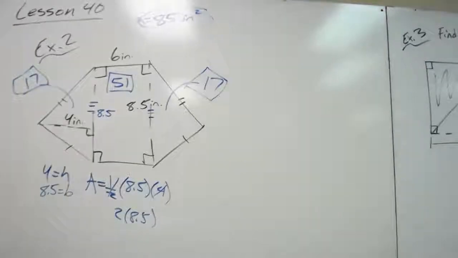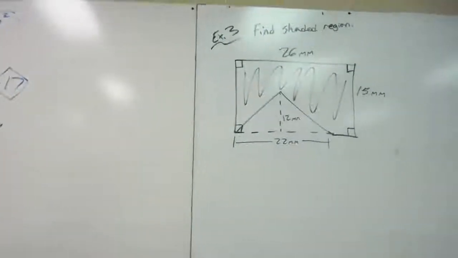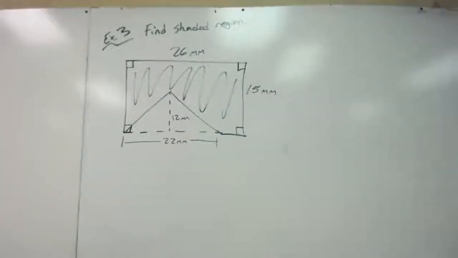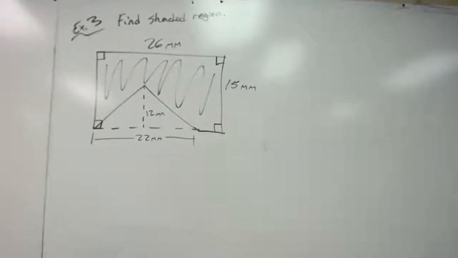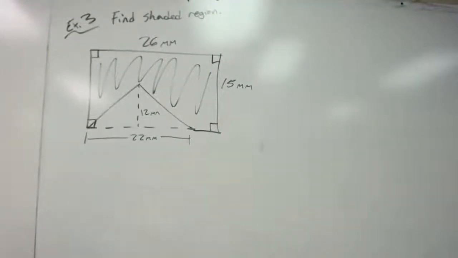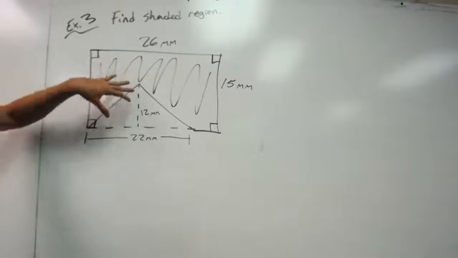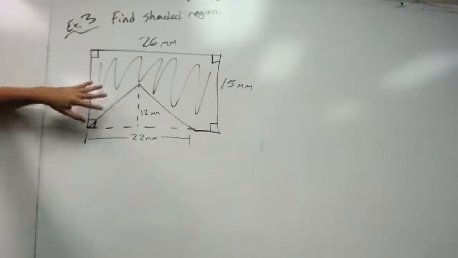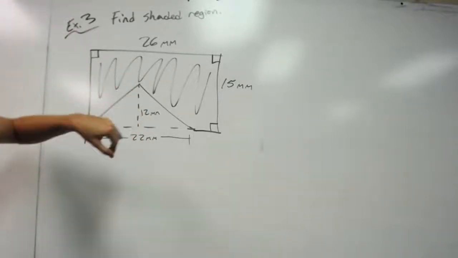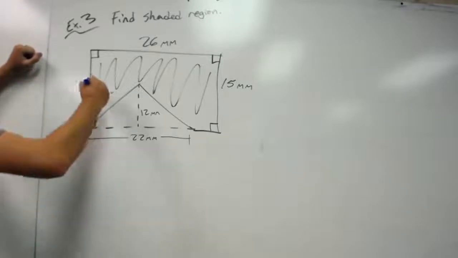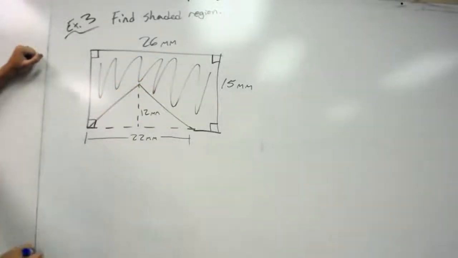Now let's look at one different type of composite figure here. It wants us to find the area of the shaded region in this composite figure. The last one we just found the area of the whole thing. Well, this one is a square with a triangle inside of it. So how do we find the area of this shaded region?